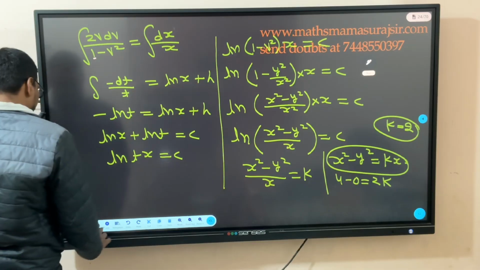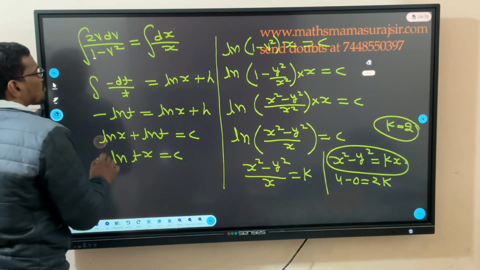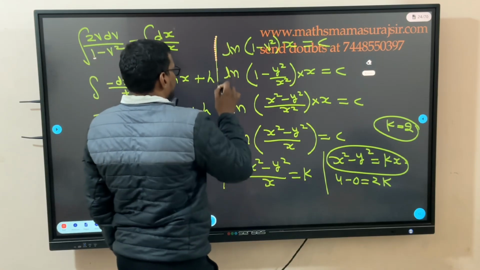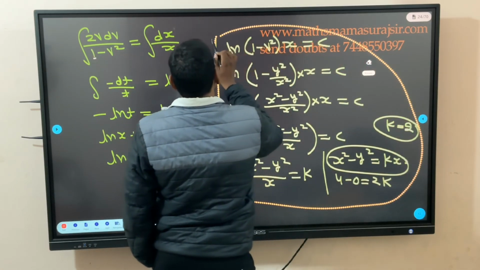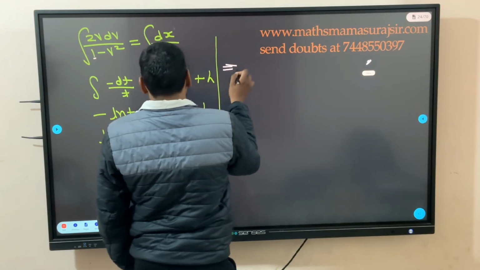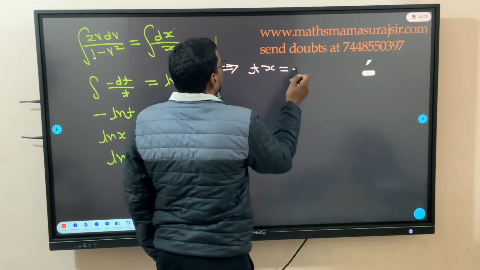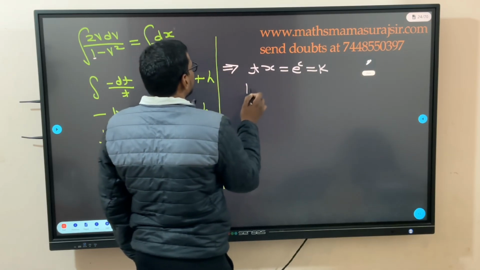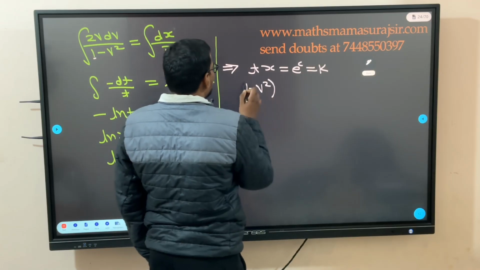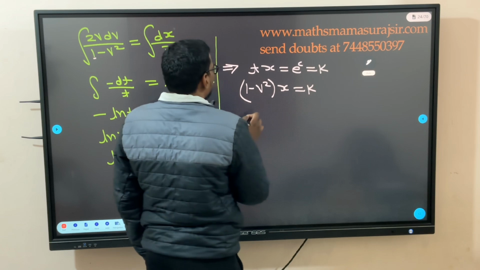So tx is equal to e power c, or we can say k. What was t? T was 1 minus v square, and this was x, this is k. What was v?